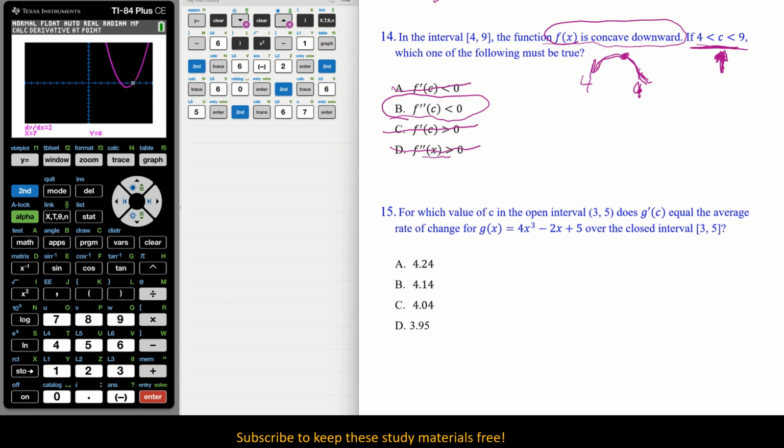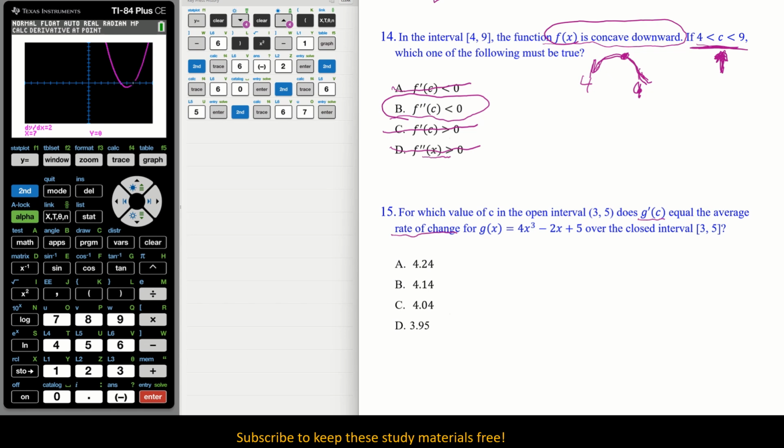Okay, now let's move on to number 15, and we are going to use our calculator for this. For which value of C in the open interval 3 to 5 does the first derivative at C equal the average rate of change for g of x equals 4x to the third minus 2x plus 4 over the closed interval 3 to 5?